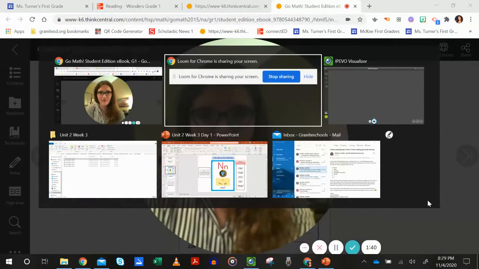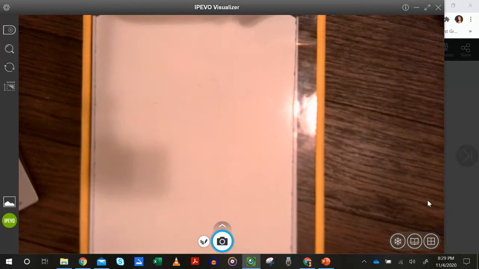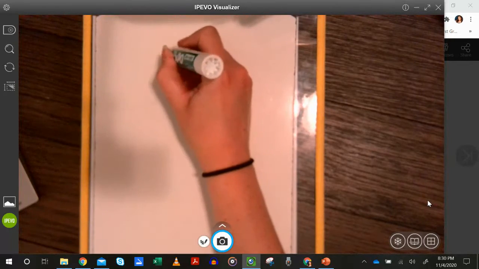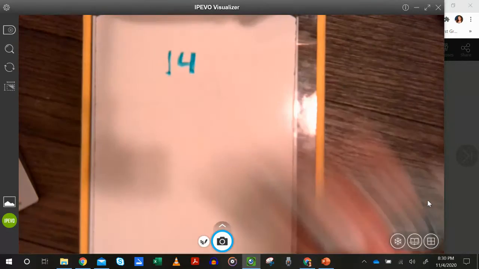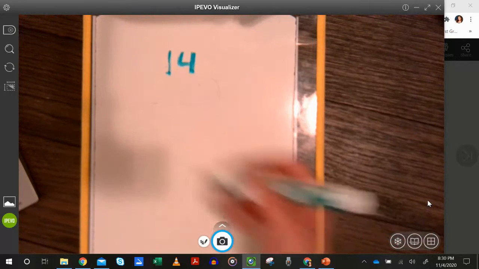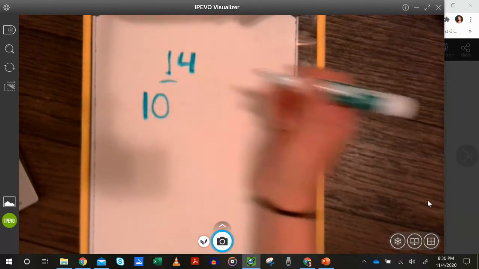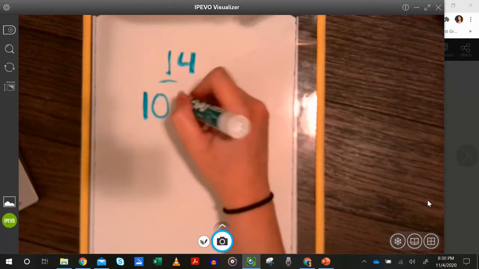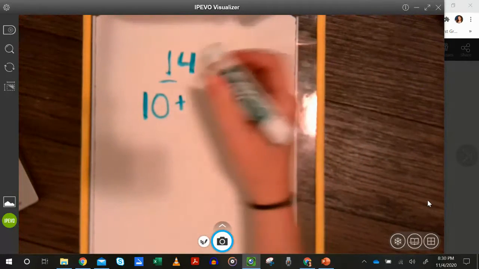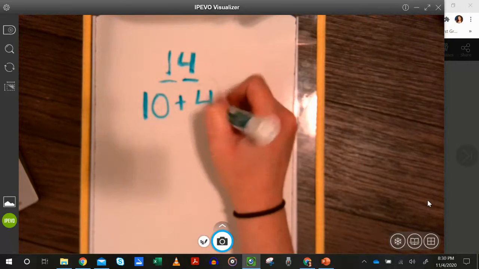Okay? So let's come over here and I want you to think about the number 14, the one I just gave as an example. What does 14 mean? 14 means a group of 10. That's what the 1 represents. And, or plus, 4 more.